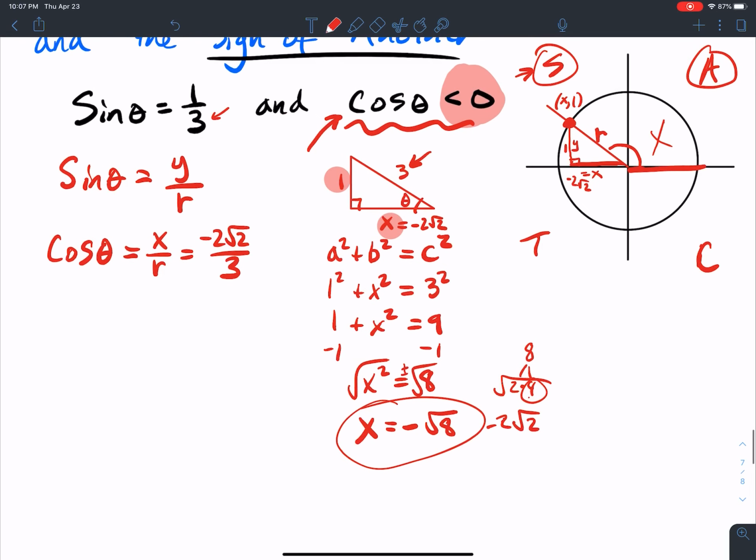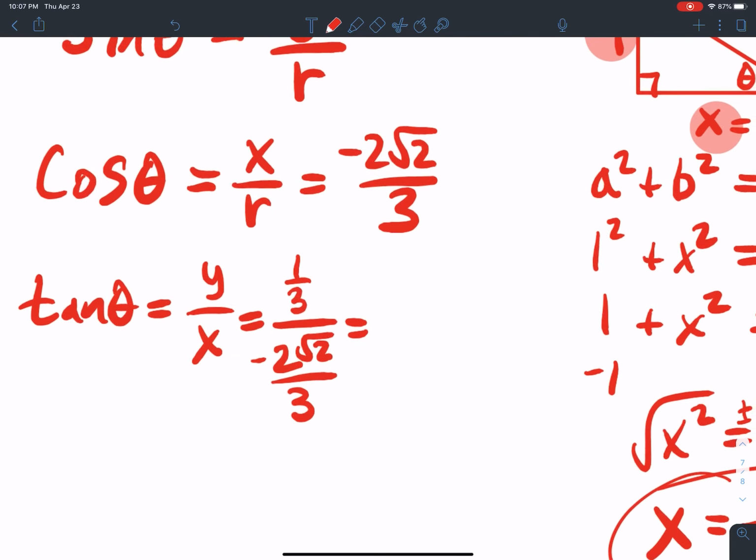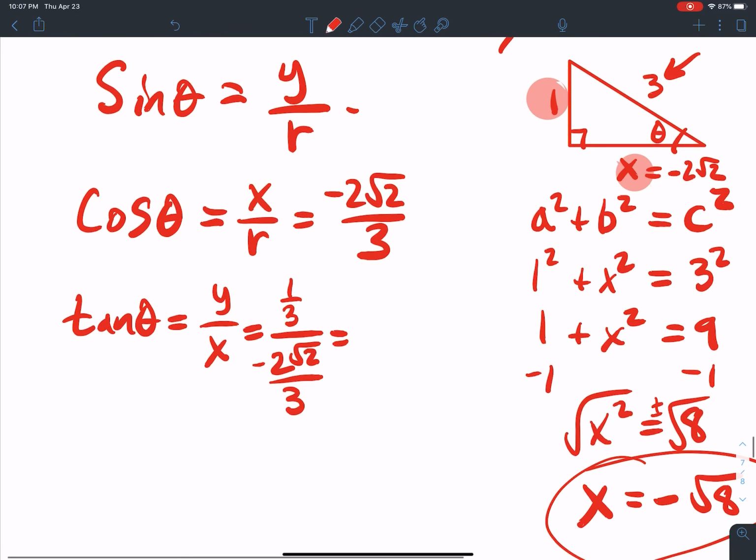All right, the tangent of theta is y over x, which is 1/3 over negative 2 square root 2 over 3. Keep, change, flip. What's that going to get me? That's going to get me 1/3 times 3 over 2 square root 2, and then the negative.